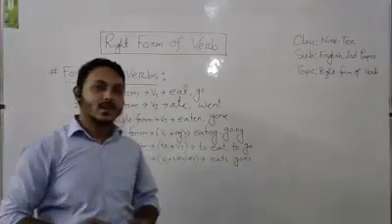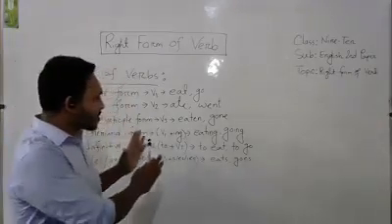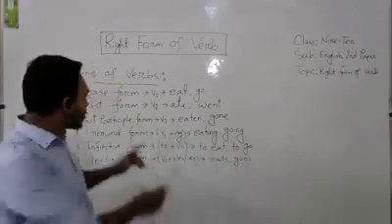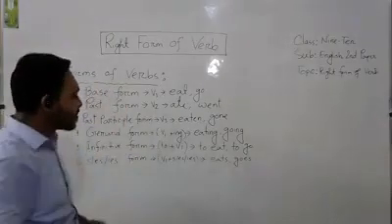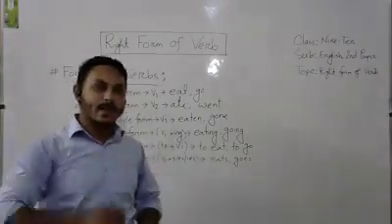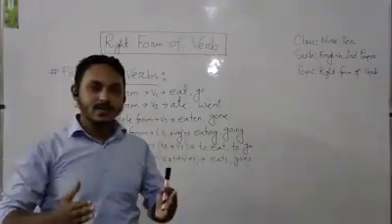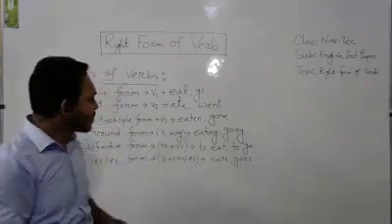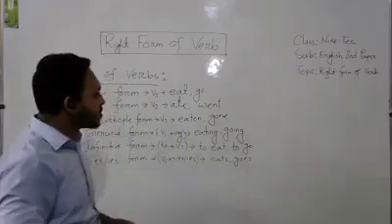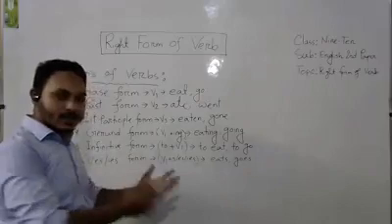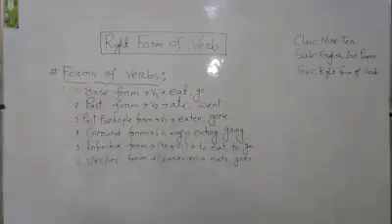So my dear students, this is very important point. You need to know these forms of the verbs to write or to speak this language properly and rightly. Now we can go for another topics.